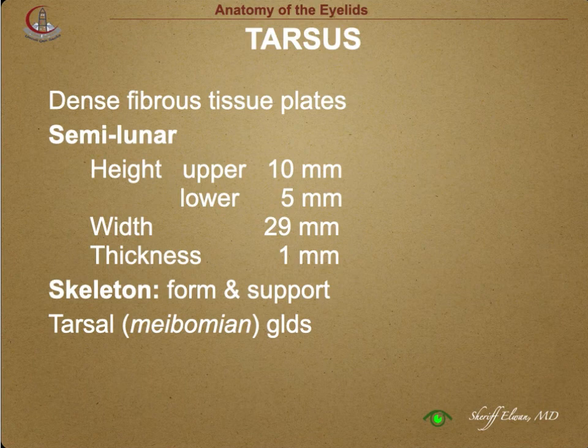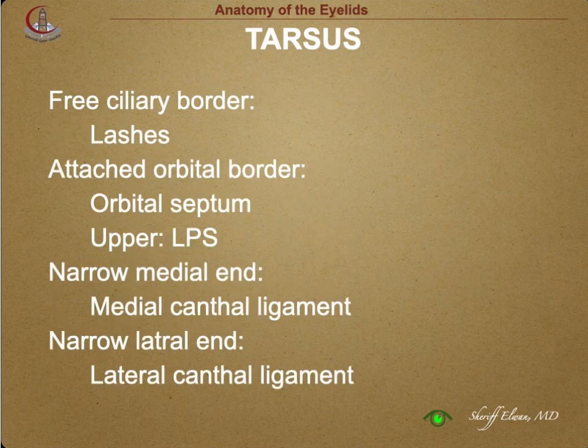They have a very important function, which is forming and supporting the eyelids in a skeletal fashion, that is, the skeleton of the eyelids. They carry inside them the tarsal glands, or the meibomian glands.